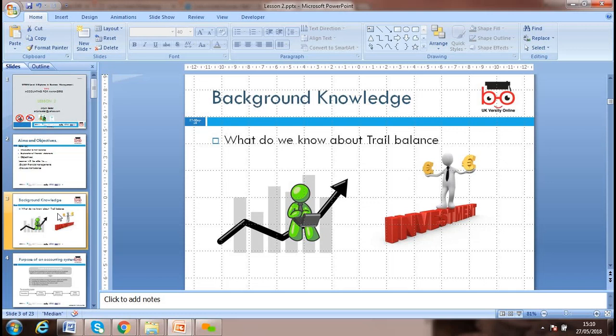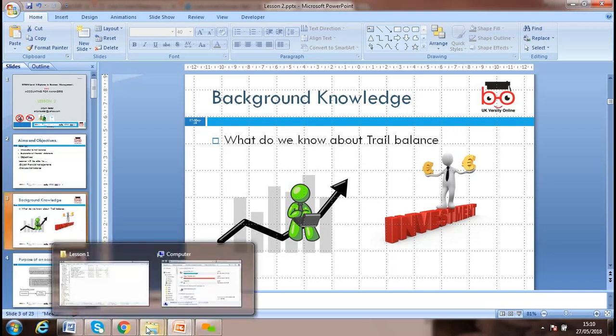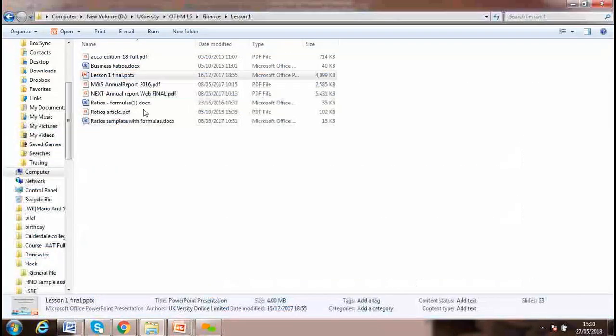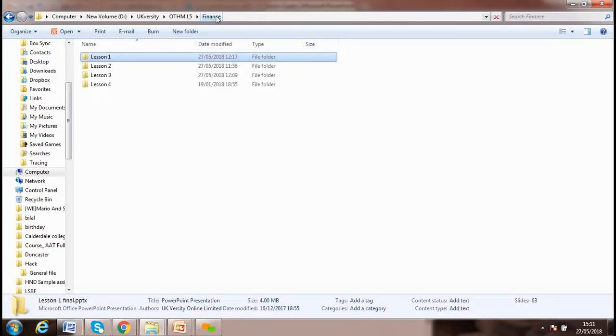The trial balance has two sides, one debit and one credit, and both the debit and credit sides should be equal. I'll show you some trial balances and that will help us. We learned about double entry bookkeeping, called debit credit. I'll show you now as well.